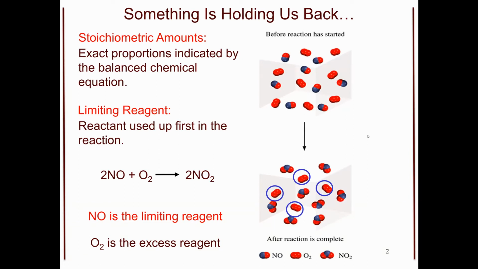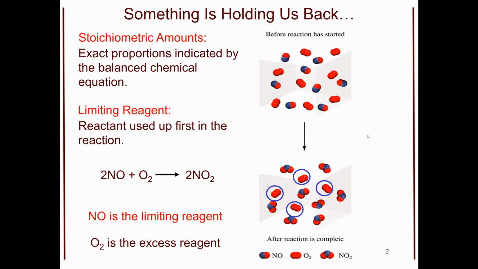So let us go ahead and look at this example. First off, we have our balanced chemical equation of having 2 NO plus O2 yielding our 2 NO2. So let's look at our schematic on the right. Notice that before the reaction is started, we have NO and O2. But then as the reaction goes to completion, you will now see the biggest issue.